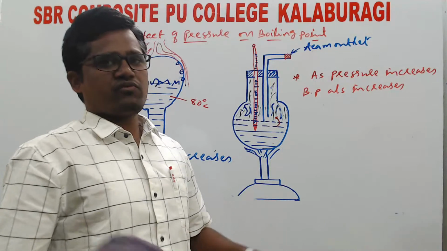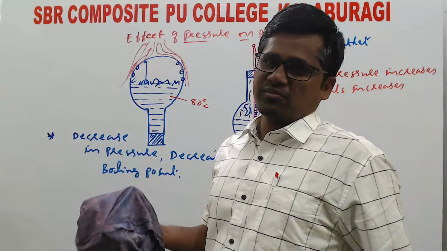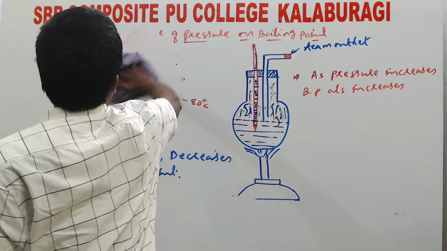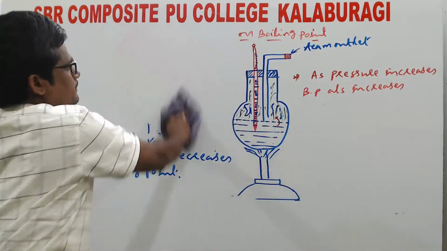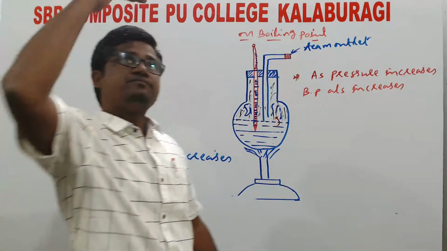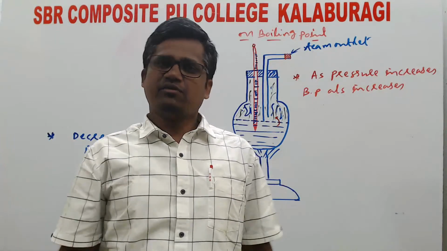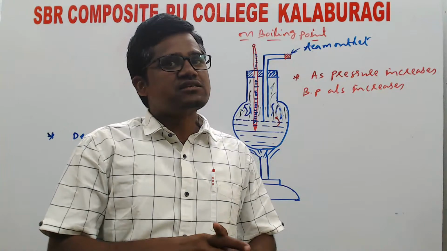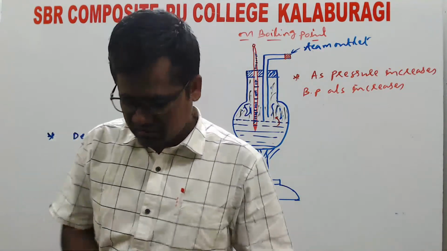Now you can understand why it is difficult to cook at the peak of mountains. Why is it difficult to cook? At the mountain places, pressure is less than at sea level, less than 1 atm. As pressure is less, automatically water boils at less than 100 degrees.